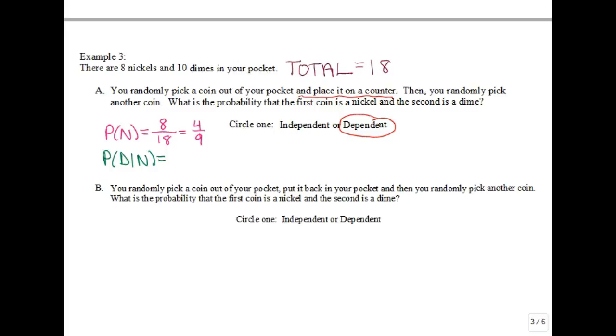Now, let's find the probability of choosing a dime, given that a nickel has already been removed. Now let's find the probability that the first coin is a nickel and the second is a dime. The probability of a nickel and a dime would be 40 out of 153.